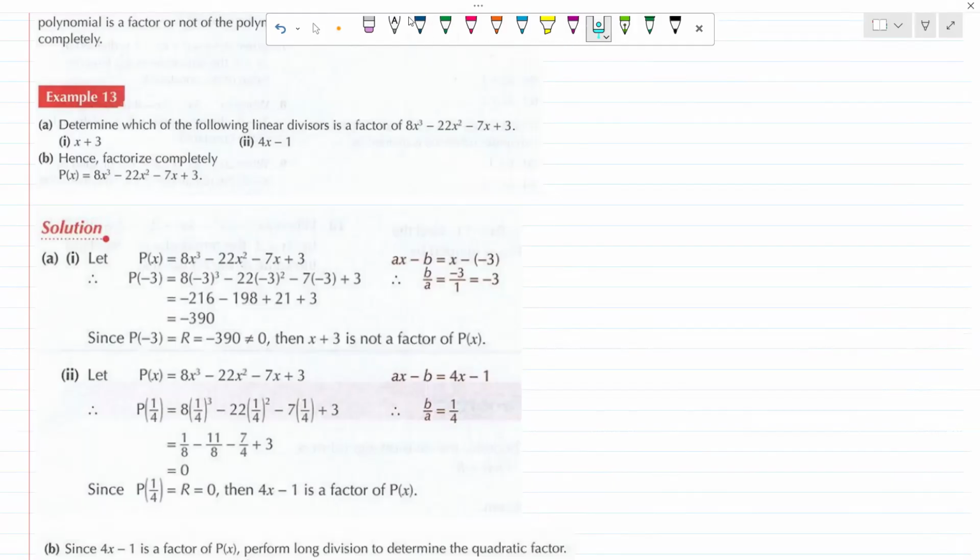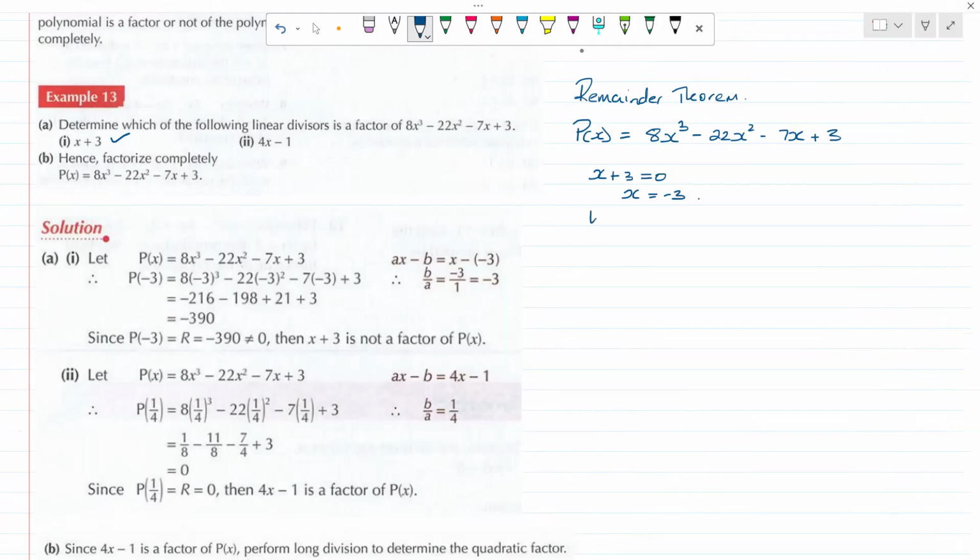Now, what we learned from our remainder theorem is, if we let p of x be equal to this polynomial, 8x cubed minus 22x squared minus 7x plus 3, and we take the linear divisor x plus 3 and put it equal to 0, then x is equal to negative 3.